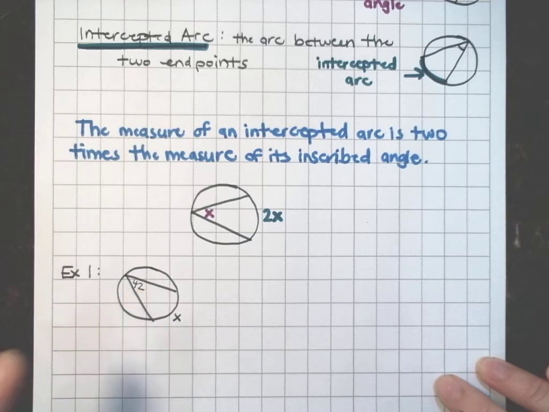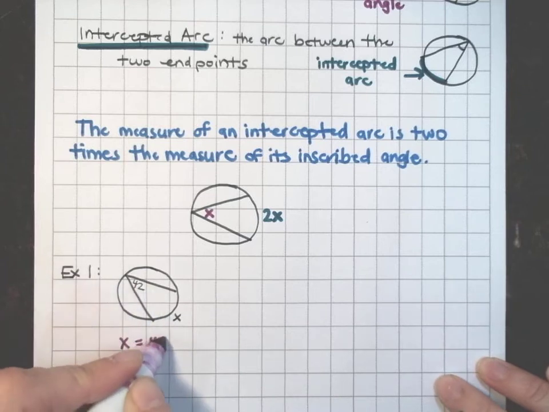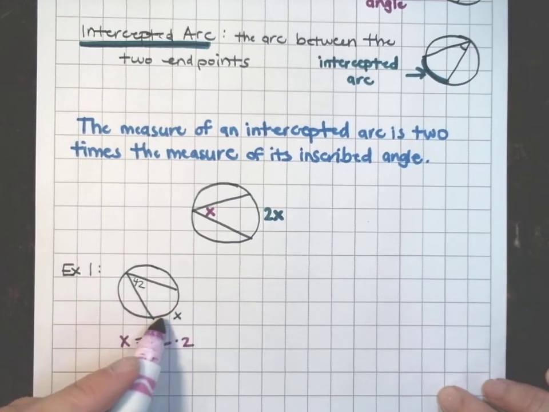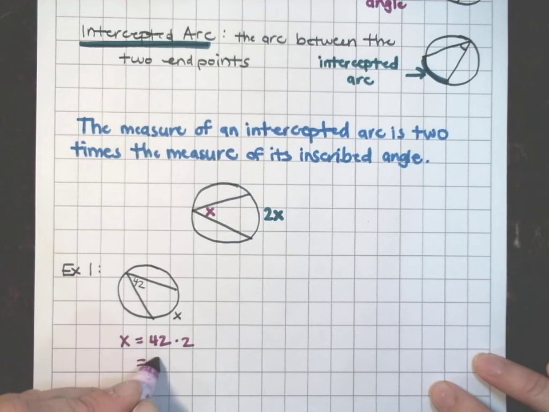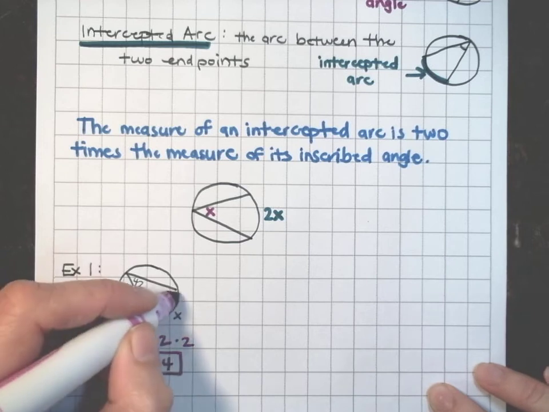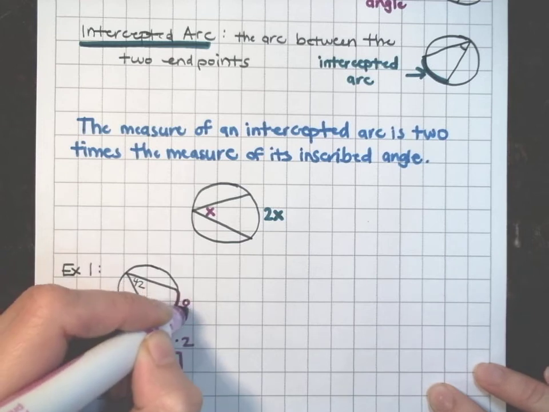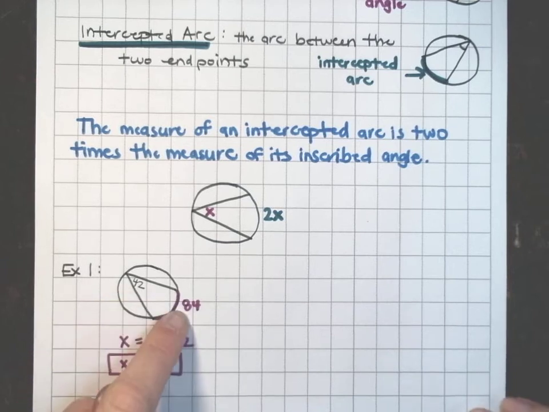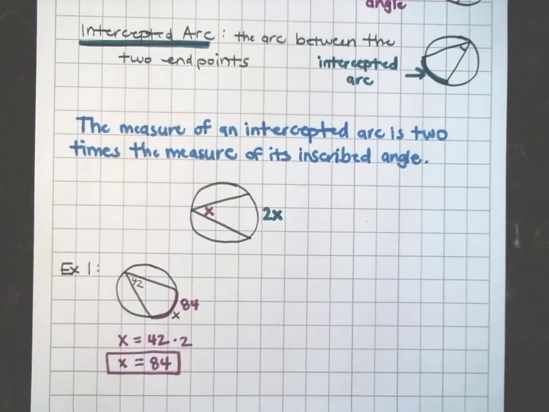So we would take 42, so x would equal this angle, which is 42, and we have to multiply that by 2 to figure out what the arc would be. And so it would be 84. So this right here is 84. See how it's double the amount of the inscribed angle.